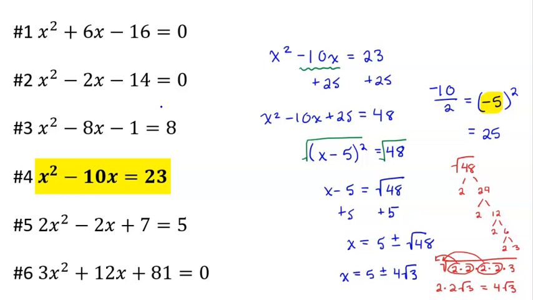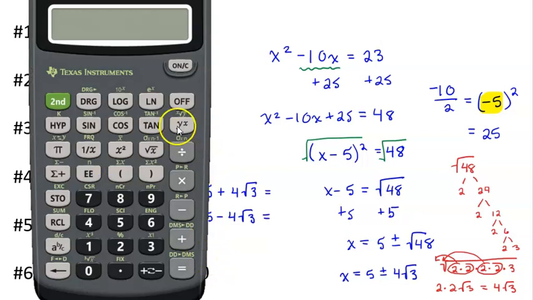And then from here, I have 5 plus 4 times the square root of 3, and then 5 minus 4 times the square root of 3. These would be my exact answers, but they might ask you to put it into your calculator. In this case, we would have 5 plus 4 times the square root of 3 equals, and that gives us 11.9.